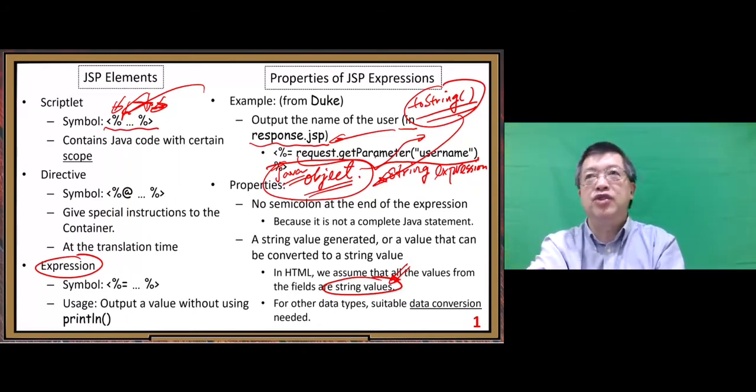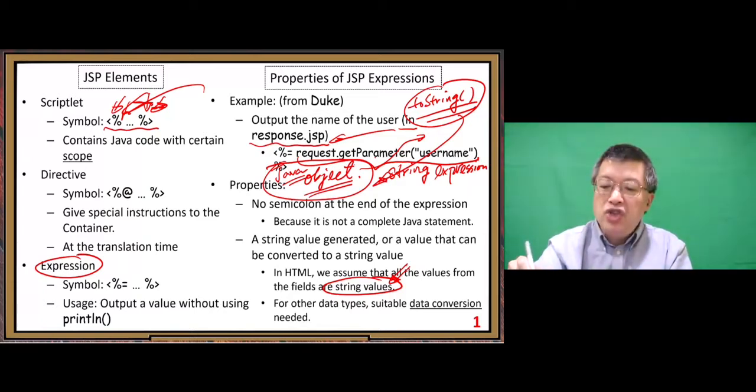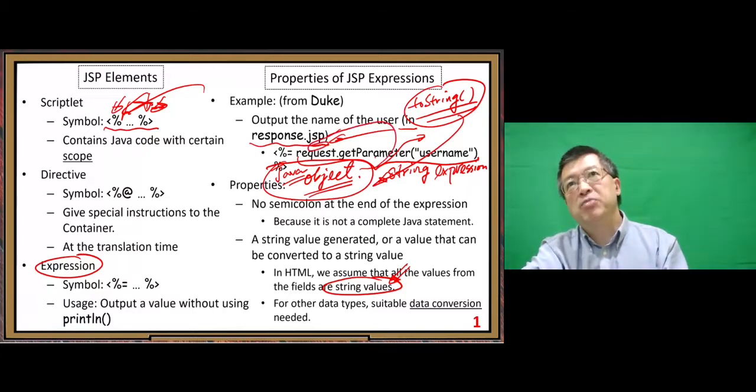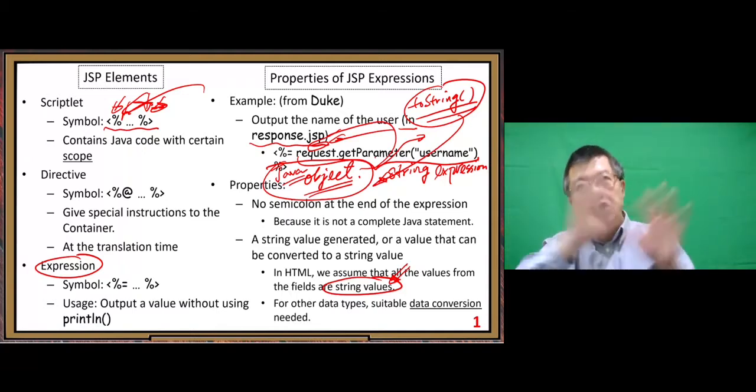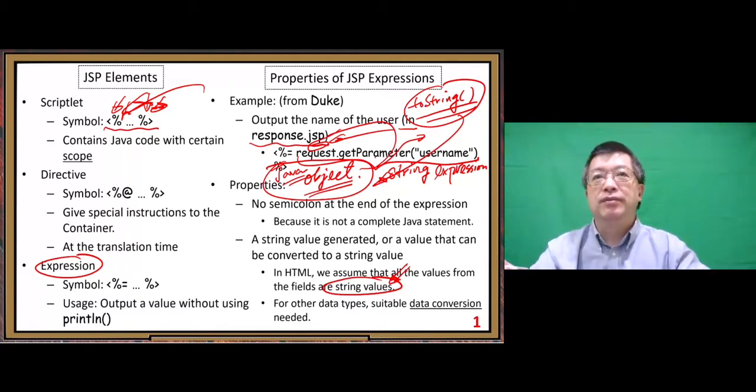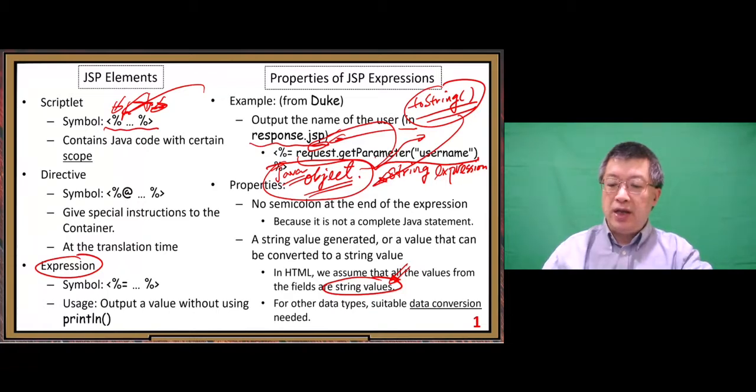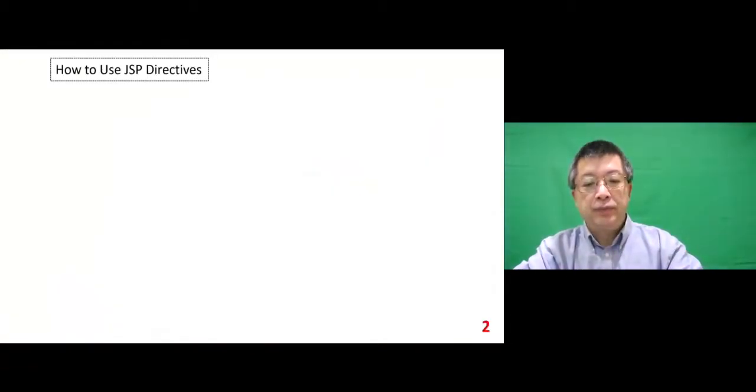Although you can override it to generate some meaningful information, it has the default version of toString. So it is legal to put any Java object in a JSP expression. So that's something special here. All right.